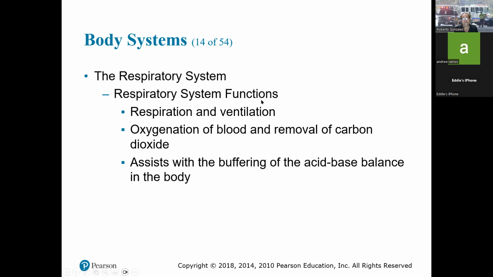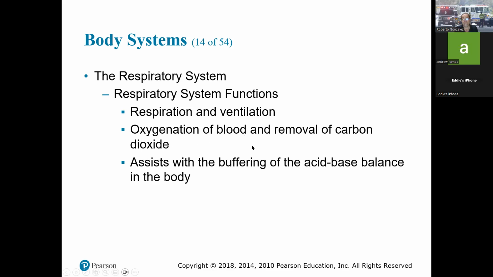So respiratory system functions: respiration and ventilation. Ventilation is the mechanical portion of it, and respiration is the chemical portion of it. So respiration will be where carbon dioxide changes with oxygen in your cells and your tissues. And ventilation will be the way air from the outside gets in.